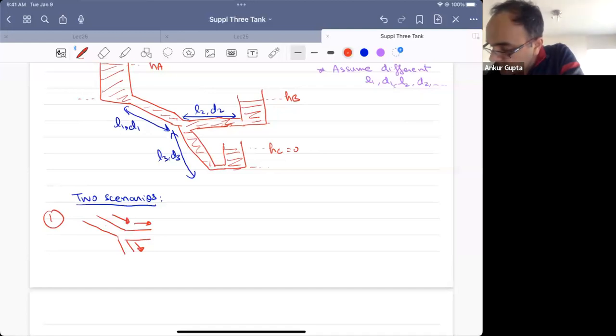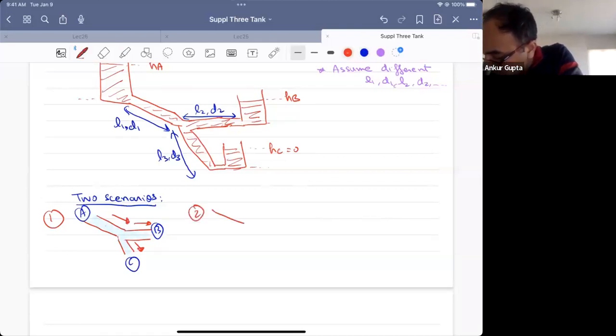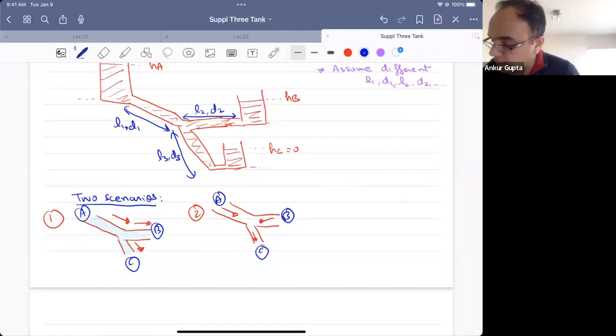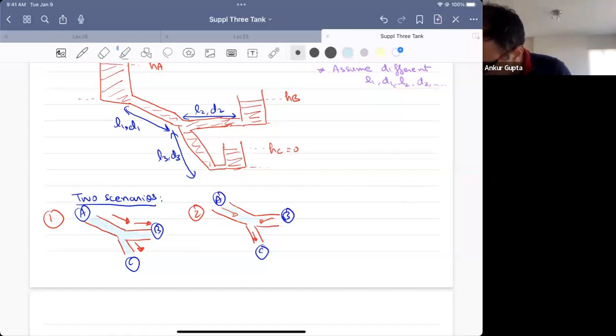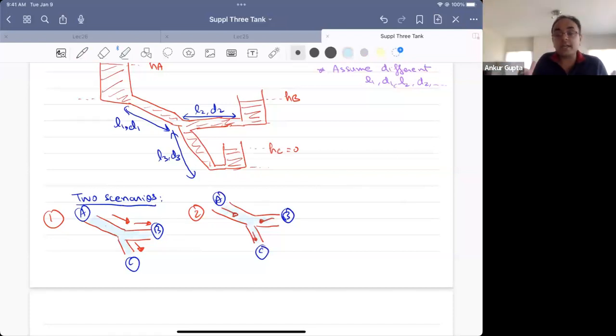Scenario number 1, where A is diverting water into B and C. The second scenario is where A and B are bringing in the water and then it's going to C collectively. So there are two scenarios and we don't know which scenario we are in.